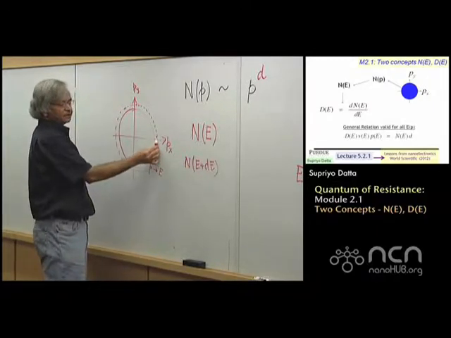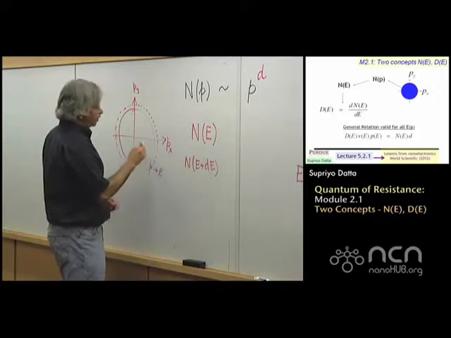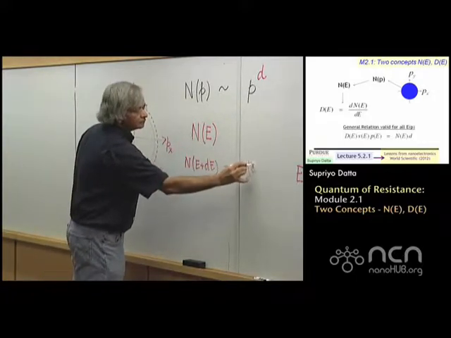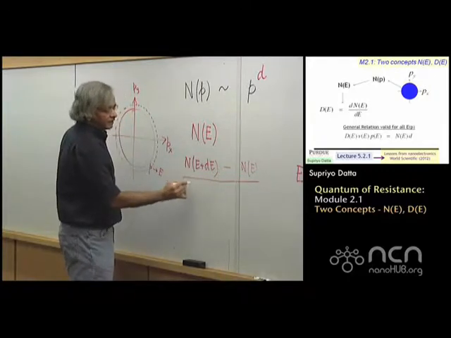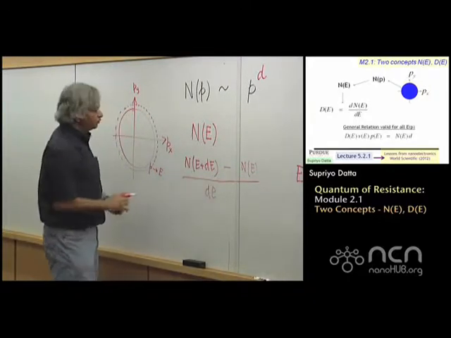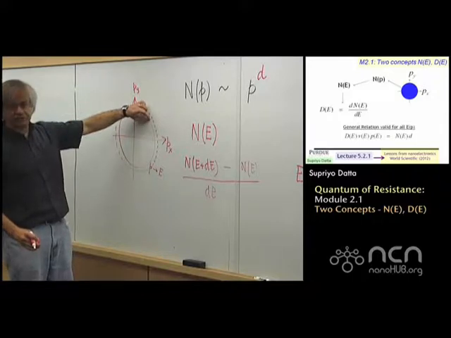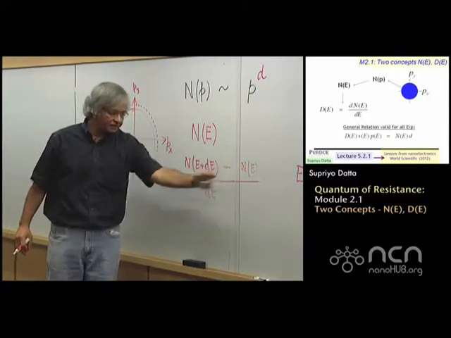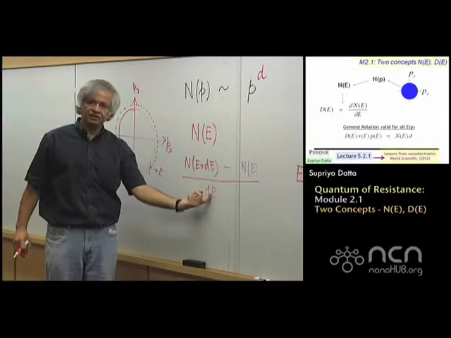So this is the extra energy, and N of E is what's inside. And then if you divide it by the energy range, that will tell you the density of states per unit energy right there. So it is N of E plus dE minus N of E divided by this delta E.